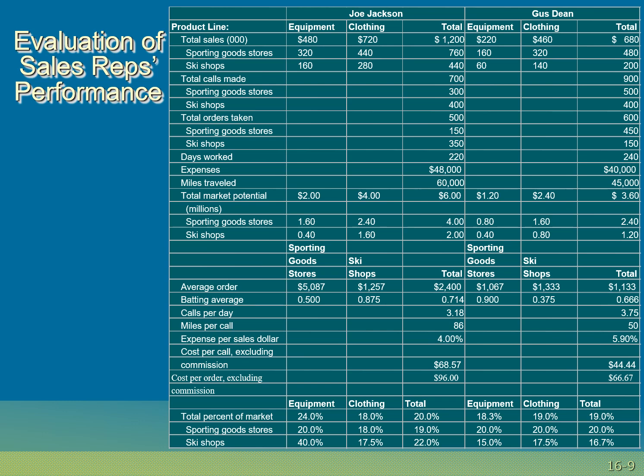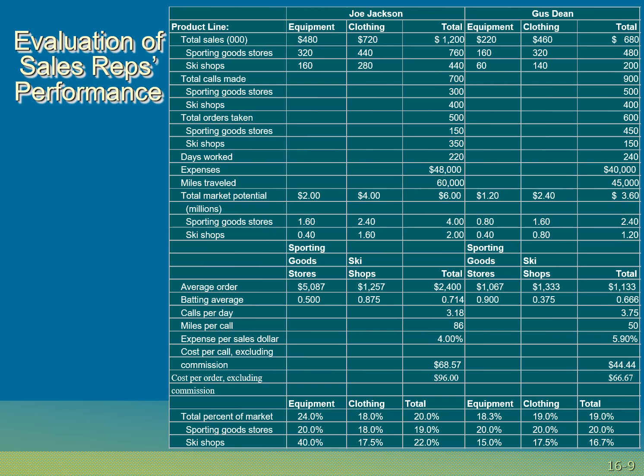ski shops. He made 700 sales calls in a year. That's almost like visiting two customers a day, right? 700, 300 to sporting goods, 400 to ski shops. Total orders taken 500 orders, right?